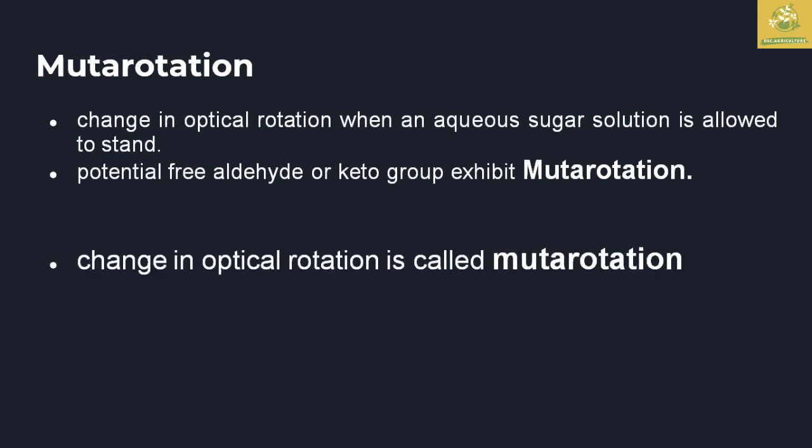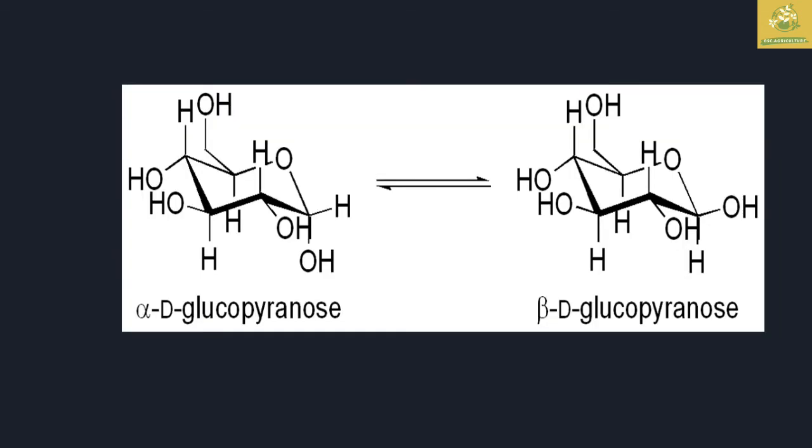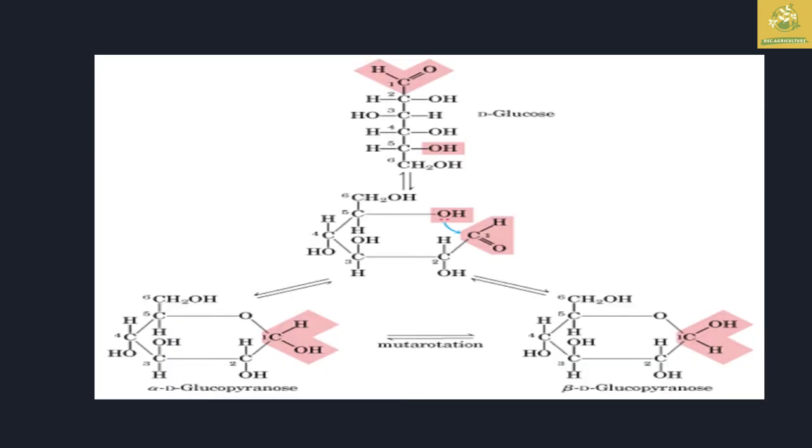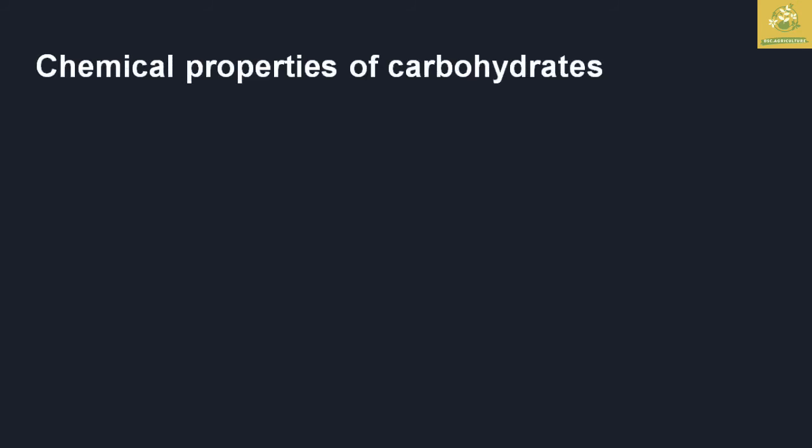So you can simply say that the change in optical rotation of sugar solutions is known as mutarotation. Some examples of mutarotation are alpha D glucopyranose as well as beta D glucopyranose. You can clearly understand these in the lecture notes I have given in the description.